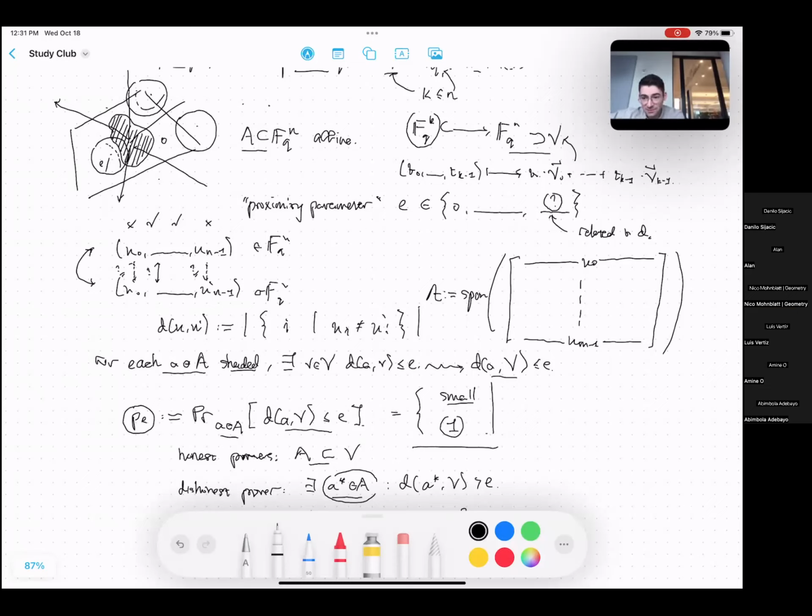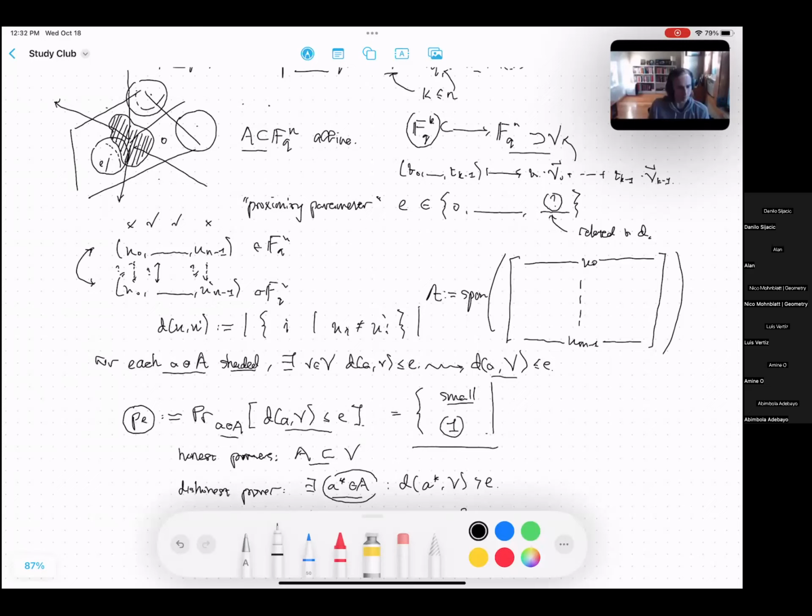Ben Sasson and others call this a worst case to average case reduction. So if what I really care about is the worst point, the farthest point in the whole space, it's actually enough for me to pick a random point instead and ask if that is close or far. What the proximity gap tells you is that, up to some small soundness error, it's enough for me to ask for a random point and check if that's close or not.